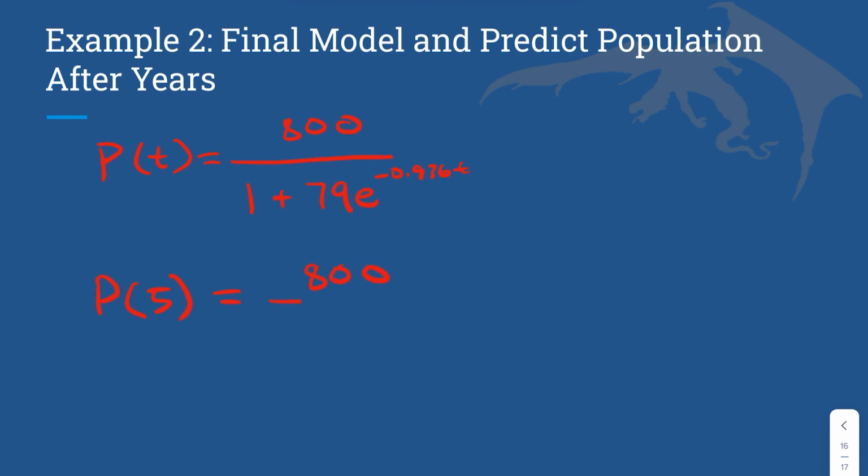So we simply plug in 1 plus 79 e to the negative 0.936 times 5, and you're just going to put that in your calculator. This approximately gives us 461 campers.